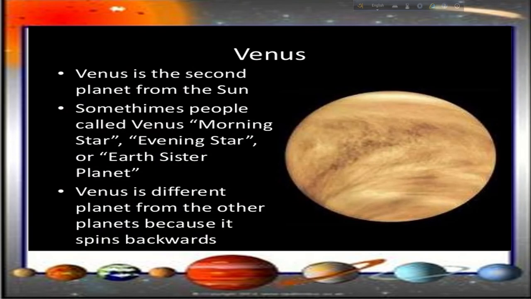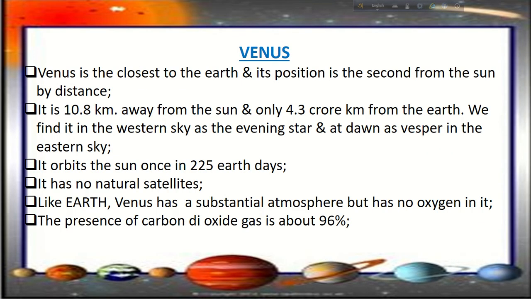Next, the planet Venus. You know, Venus is the second planet from the Sun. And sometimes people call Venus morning star or evening star or Earth's sister planet. Venus is different from the other planets because it spins backward. So Venus characteristics, Venus is the closest to the Earth and its position is the second from the Sun by distance.